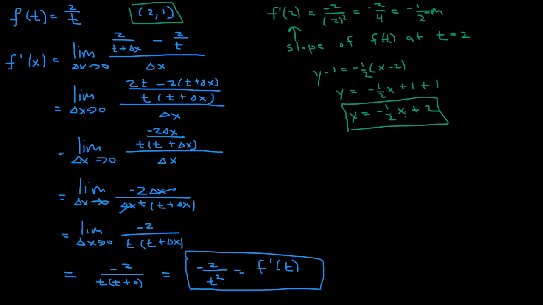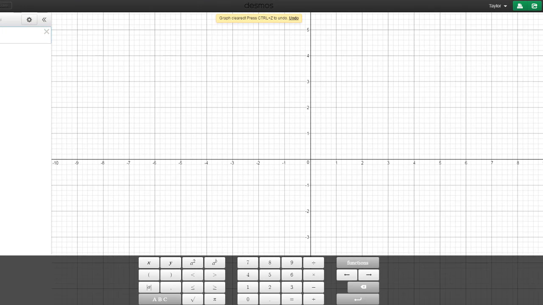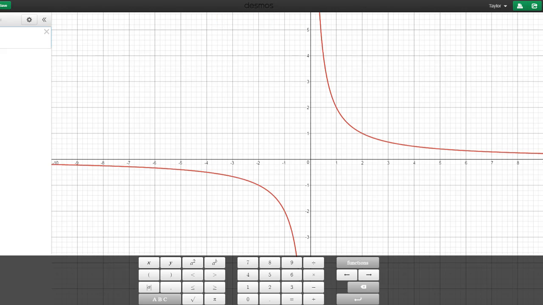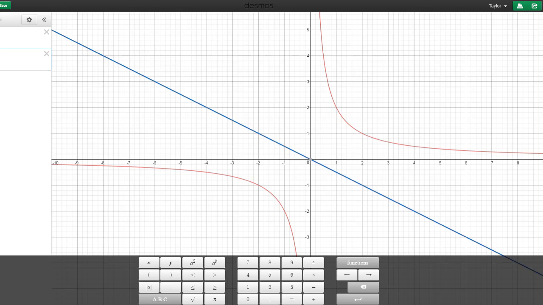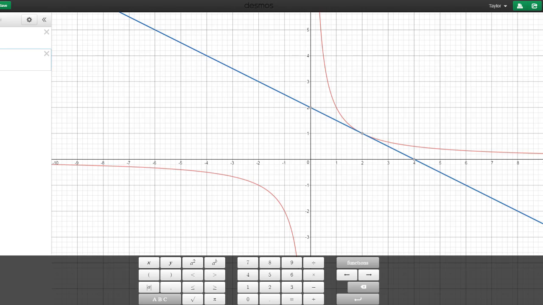Now let's take a look at the graph. Let's see if that works. So here we want to graph this function and this tangent line, and see if it looks like the correct tangent line. Our function was 2 over t, or we'll just say 2 over x, and our tangent line was negative 1/2 x plus 2, at the point 2 comma 1.